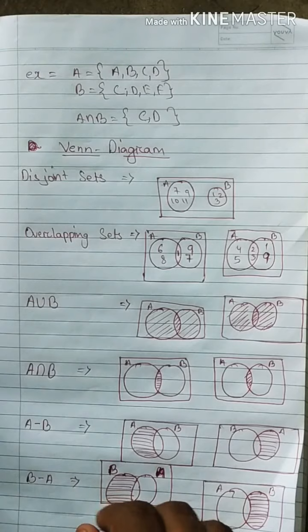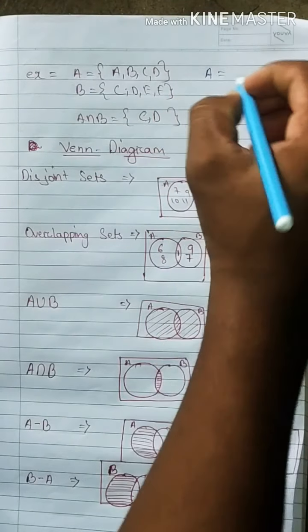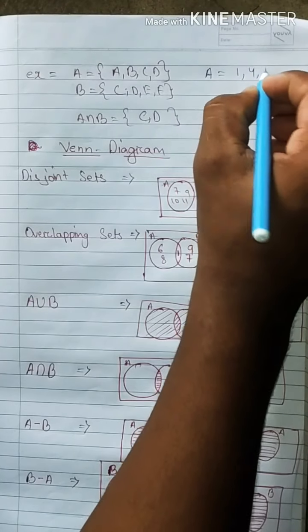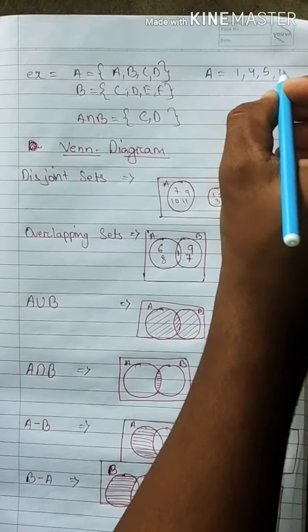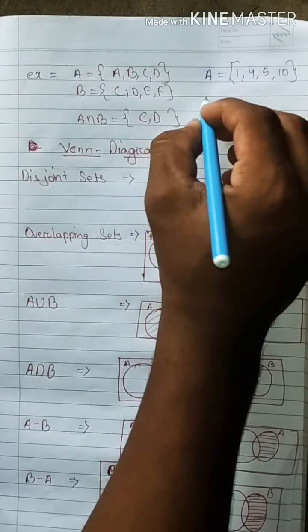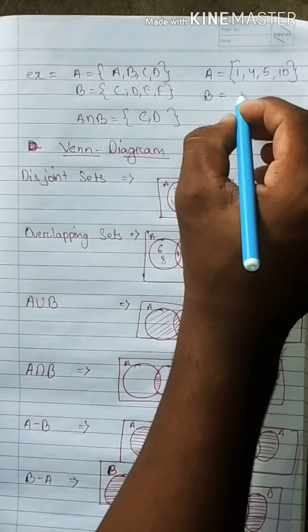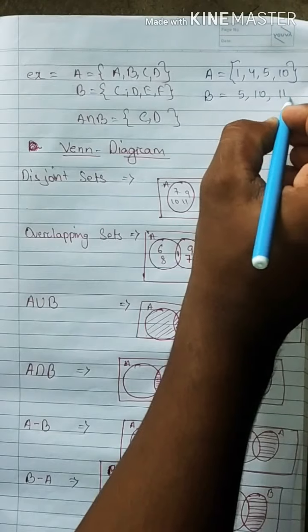Now I will tell you another. A is equal to 1, 4, 5 and 10, and B is equal to 5, 10, 11, 14.